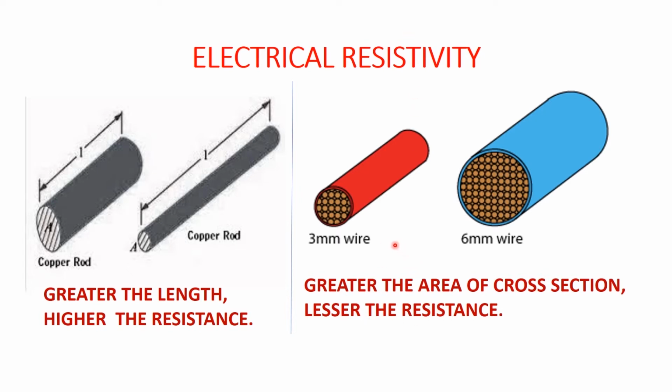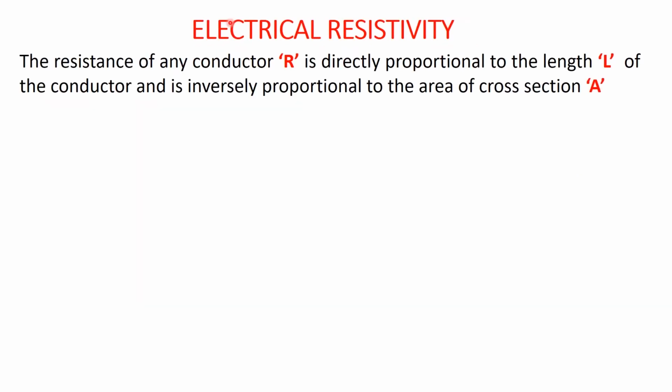Using these two, we can now find the relationship between the resistance and the length and the area of cross section. We saw that when length increases, the resistance also increases. So we can say that the resistance of the conductor R is directly proportional to the length L of the conductor.